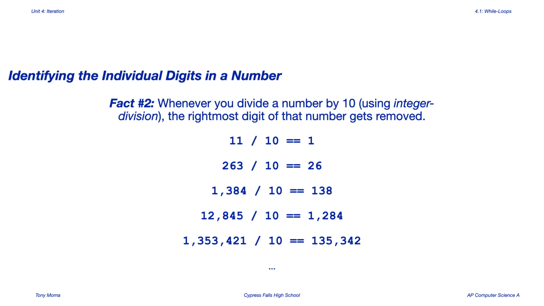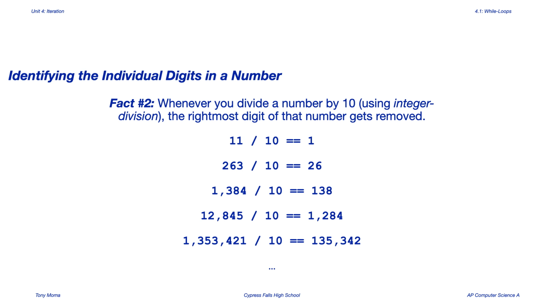But with integer division, we get rid of the fractional part. So it's simply 1. 263 divided by 10 using integer division is 26. 1,384 divided by 10 using int division is 138, so on and so forth. Notice that in each example, when we divided by 10 using integer division, the rightmost digit got removed.